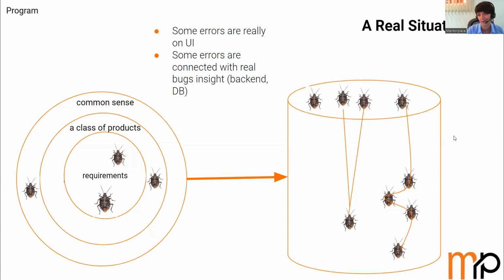For example, the button has not the proper color on the UI, or the distance between 2 buttons is not according to the documentation. This is a UI bug, and you have no reasons to go deeper, to find something inside.